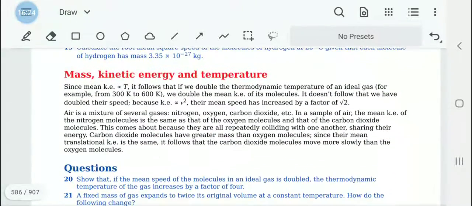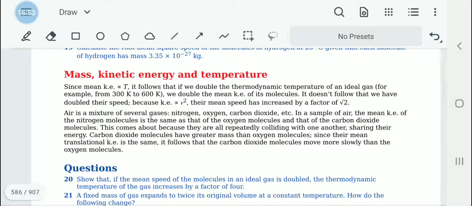Then mass, kinetic energy and temperature. Now we realize that mean kinetic energy is proportional to temperature on the Kelvin scale. So that means if we double the thermodynamic temperature of an ideal gas, from 300 Kelvin to 600 Kelvin, we double the mean kinetic energy. That doesn't really mean that we have doubled their speed.